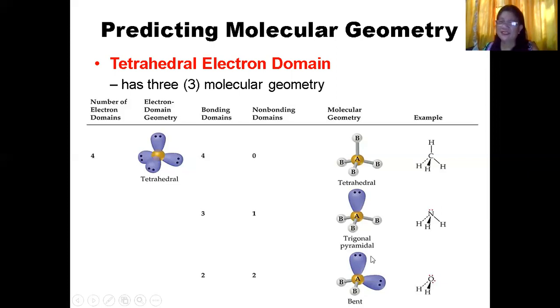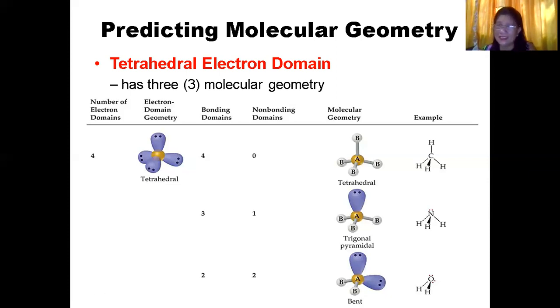So it will be bent in a way, because of the presence of 2 lone pairs. Hydrogen is 2 times 1, so that is 2, plus oxygen 6, so 8.